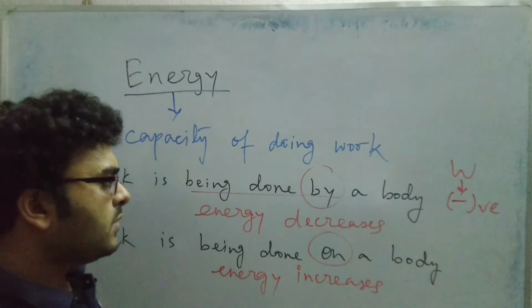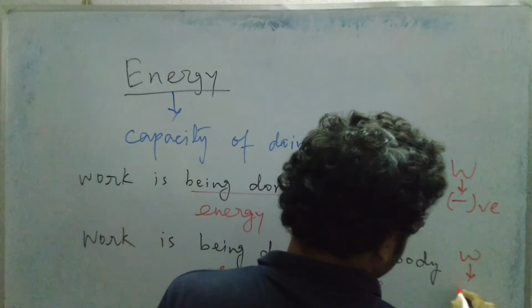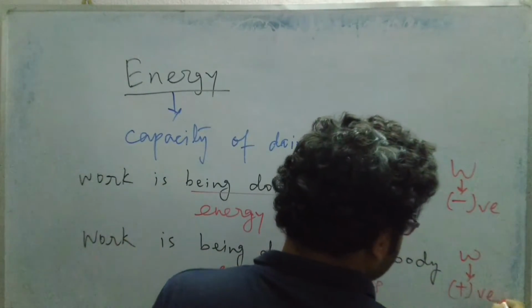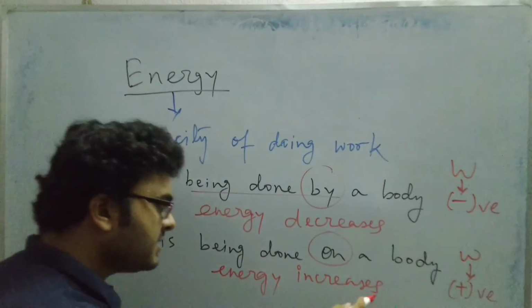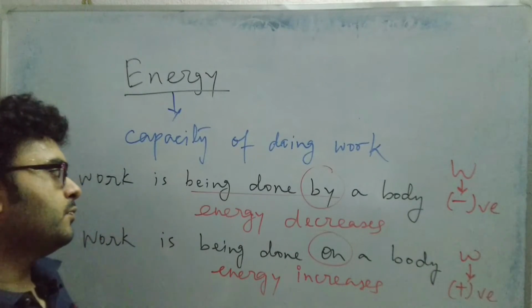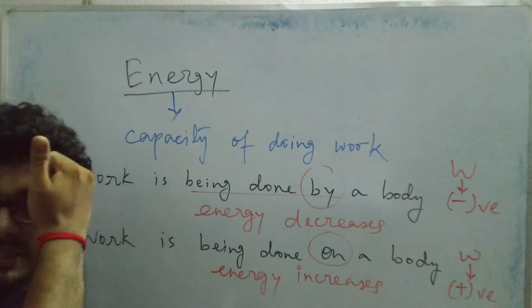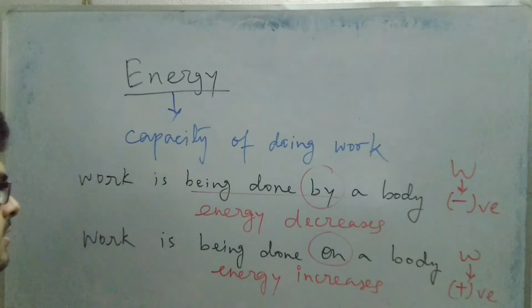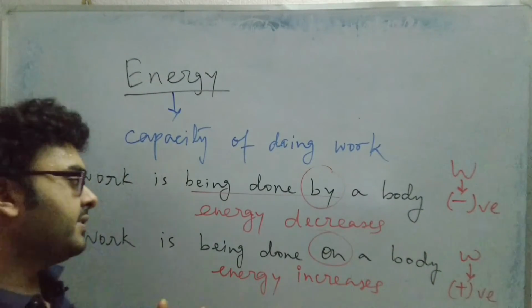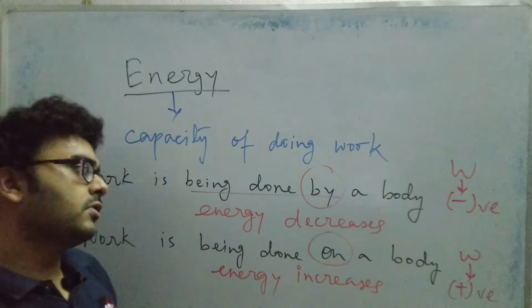And when certain work is done on the body, the work done is considered to be positive, as you can see, energy increases. So remember this always: work done by a body is negative in nature as it leads to a decrease in energy, and work done on a body is positive in nature as it leads to an increase in energy. So these are the two concepts.